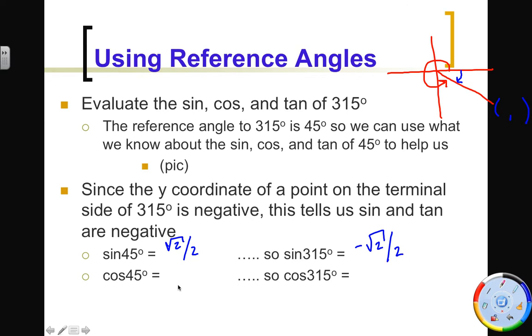Likewise, cosine of 45 degrees is root 2 over 2, which means the cosine of 315, in quadrant 4, the x-coordinate is positive, and therefore cosine of 315 is positive. And lastly here, tangent of 45. Tangent is 1 at 45 degrees. And since the y-coordinate is negative and the x-coordinate is positive, that means tangent of 315 is negative 1.